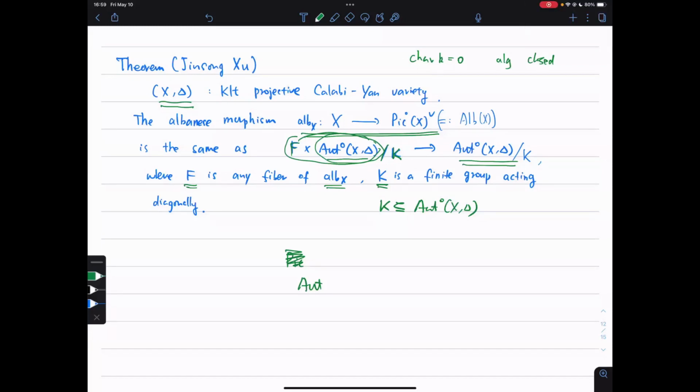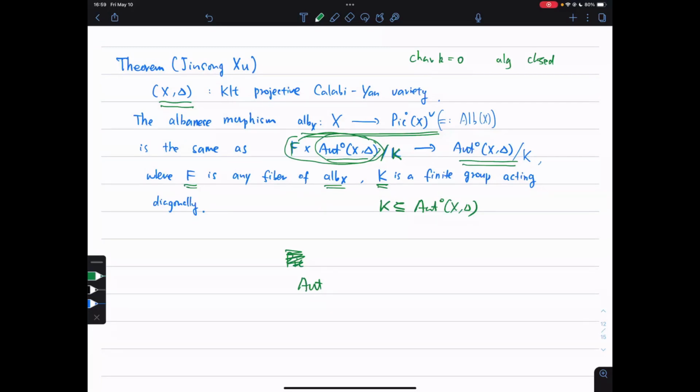Yes, this result follows from Michel Brion's result. He has a result about non-affine group actions on varieties. And using this result, Jinsong Xu came up with this structure theorem. But we didn't use the full version.